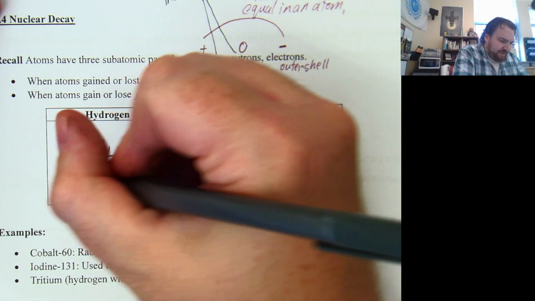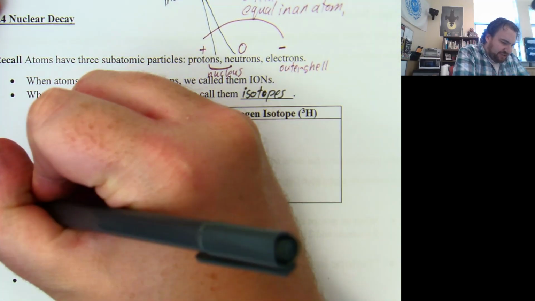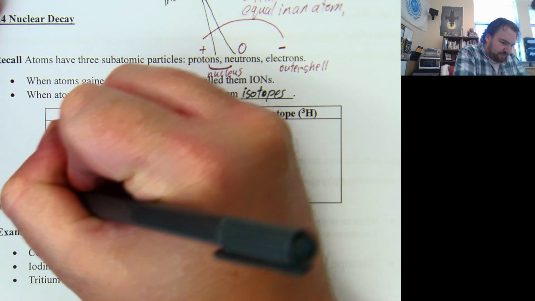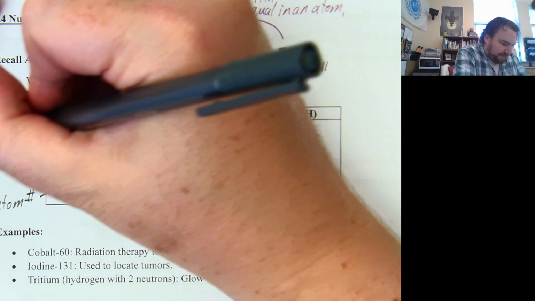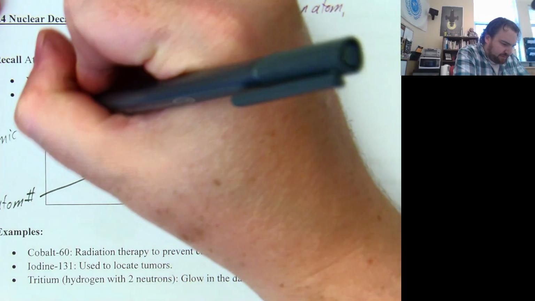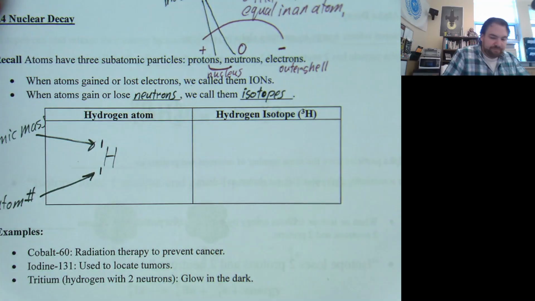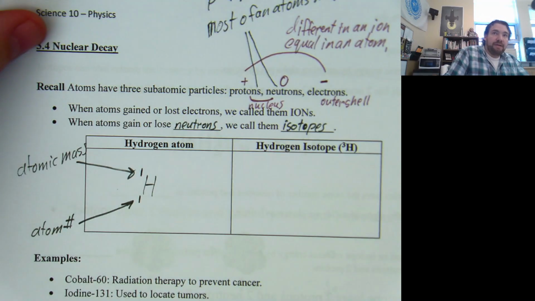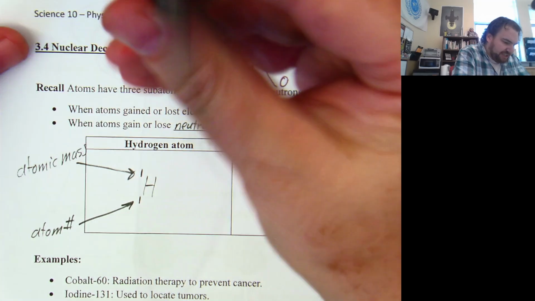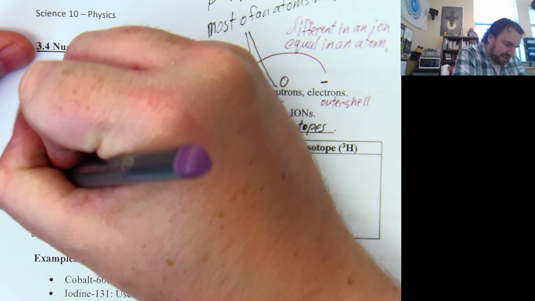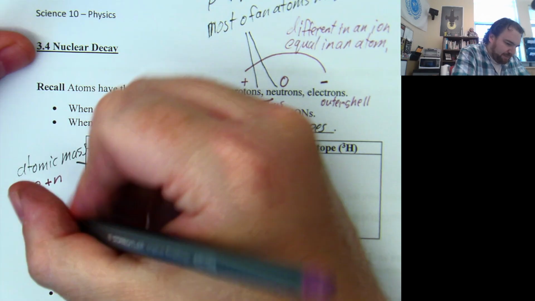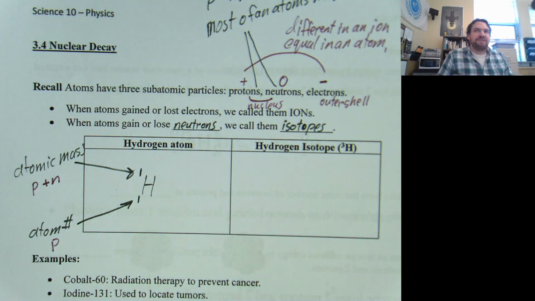This guy down here is the atomic number. This guy right here is the atomic mass. The atomic mass is the protons plus neutrons, and the atomic number is the protons.